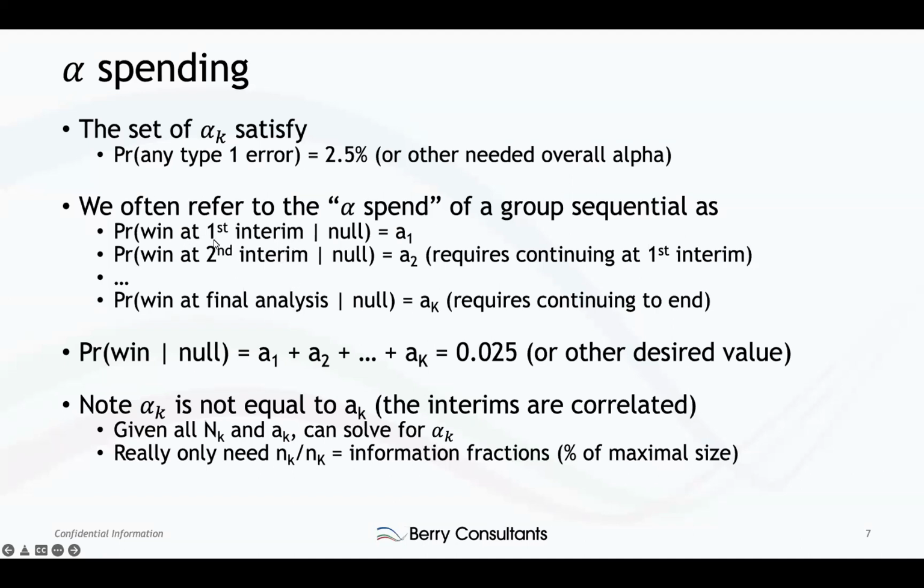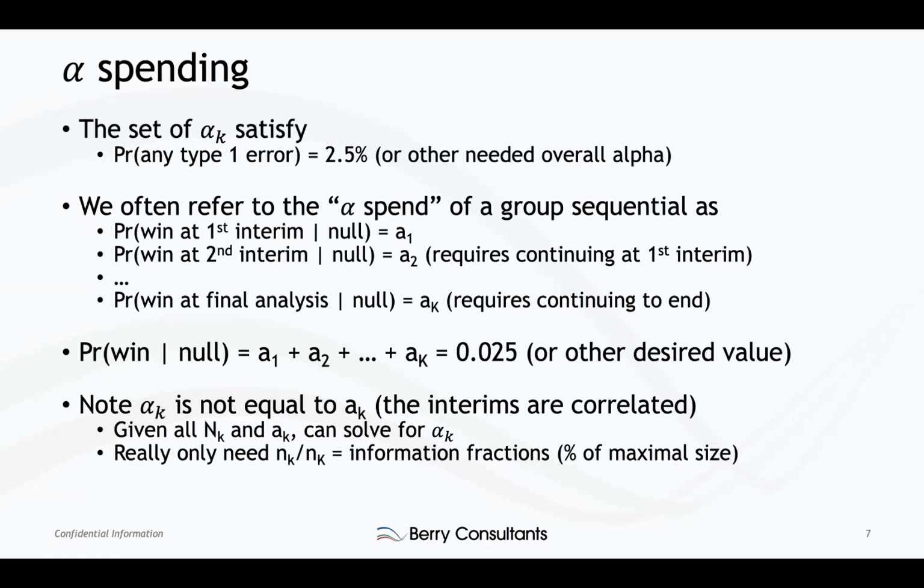Either you win at the first interim, you win at the second interim, or you win at the final analysis. These are all, by definition, set up to be disjoint. And so if I want just the probability of winning under the null, this is just going to be the sum of these AK values, and this is what you need to have add up to 0.025.